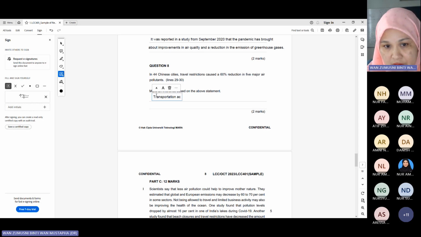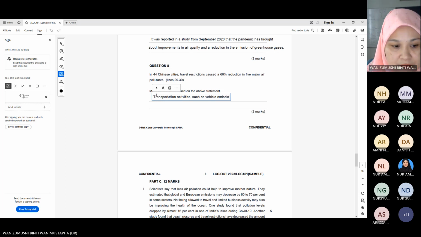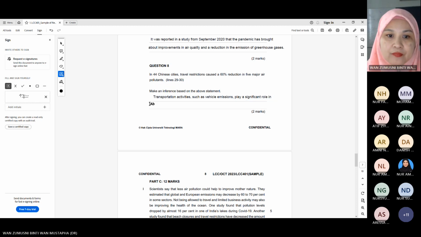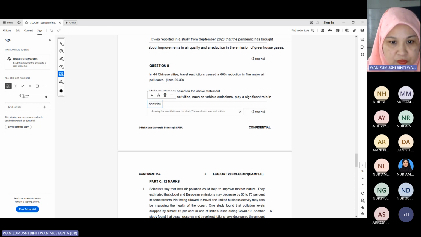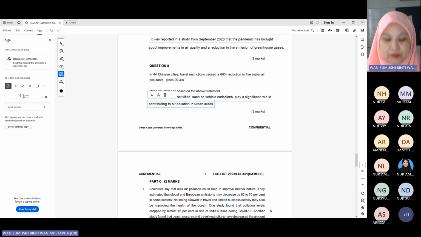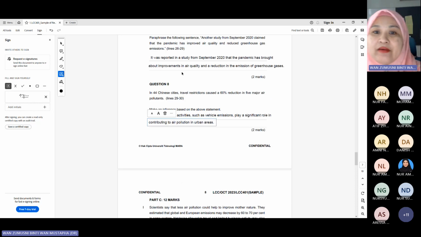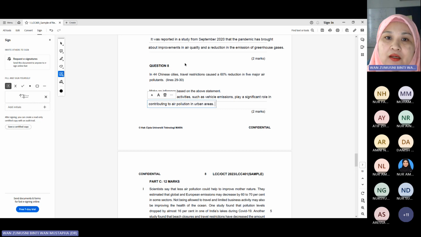Transportation activities, all right, such as vehicle emission, play a significant role in contributing to air pollution in urban areas.